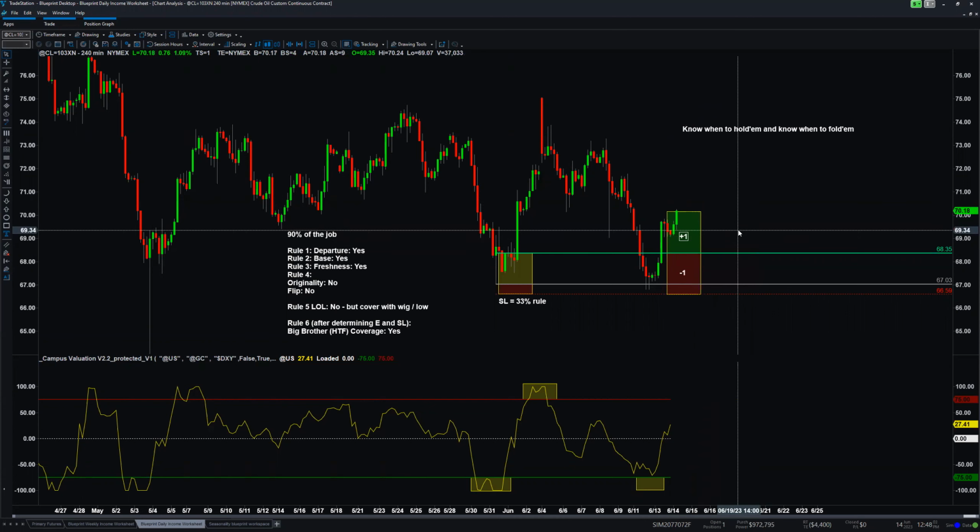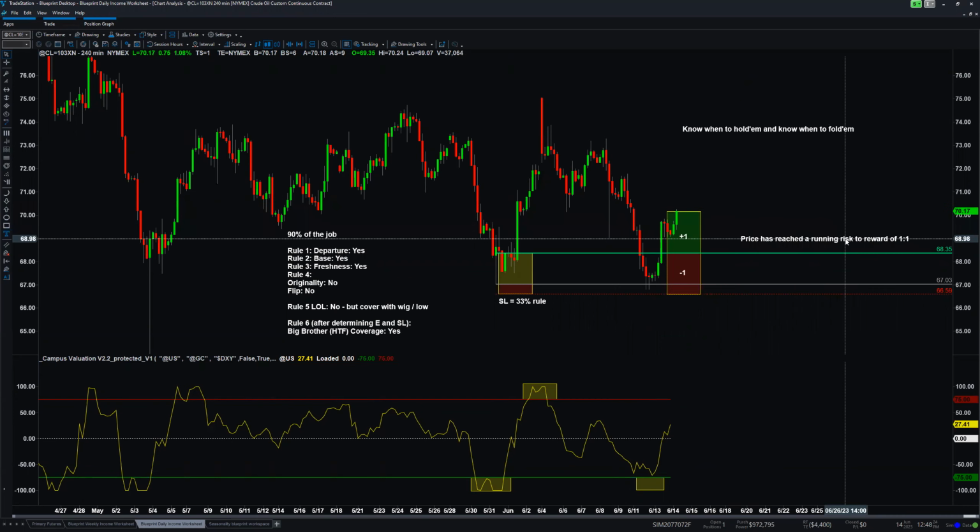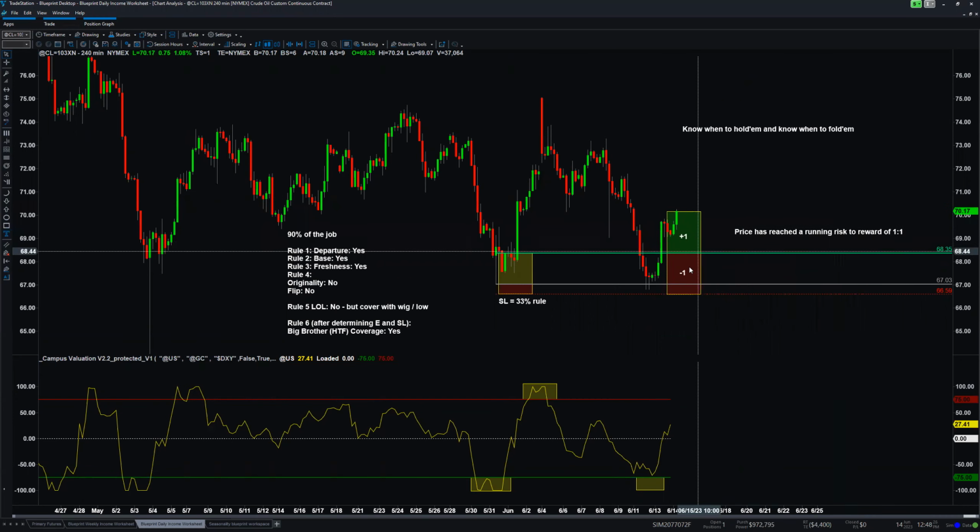So this means that price has reached a risk to reward of 1 to 1. So what do we do if price reaches a 1 to 1 is we move our stop loss.